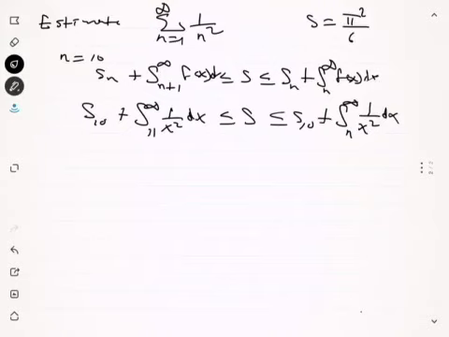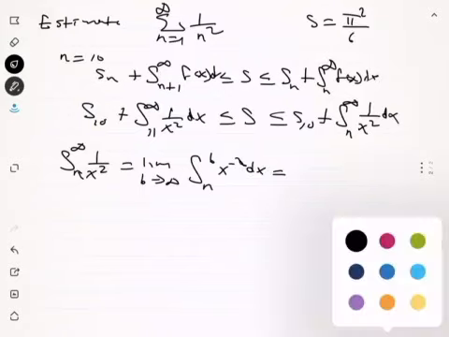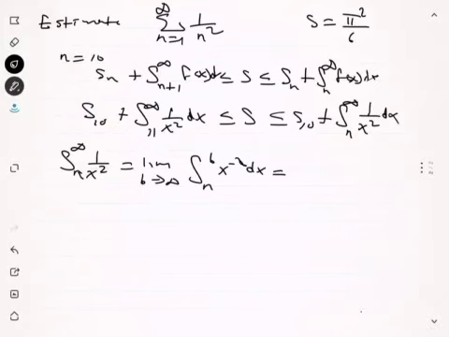Now, the integral from n to infinity of 1 over x squared is the limit as b approaches infinity of the integral from n to b of x to the minus 2 dx. And this equals the limit as b approaches infinity of minus 1 over x from n to b.